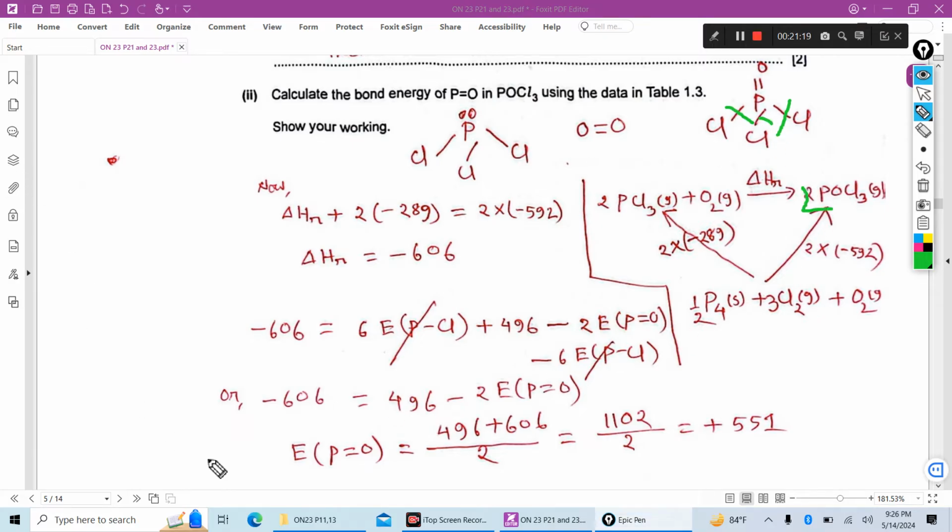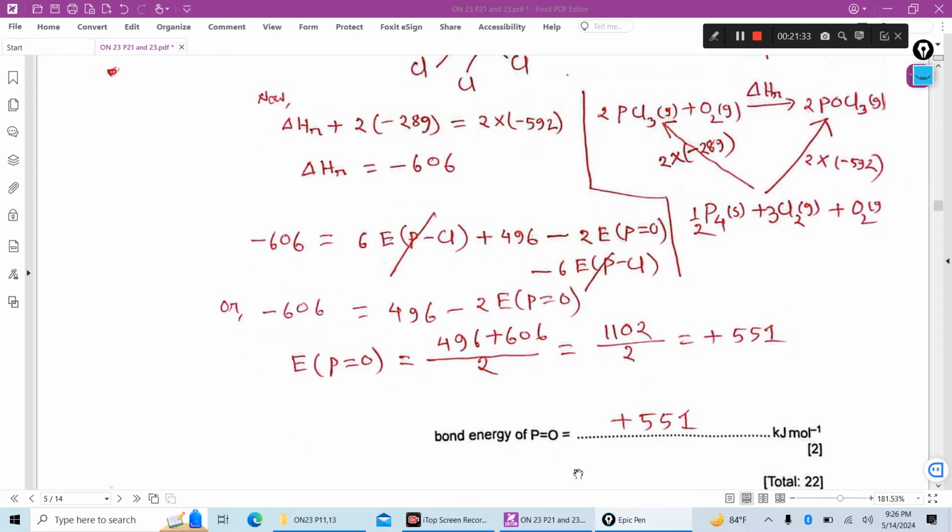If you calculate, you get the energy of the phosphorus-oxygen double bond as plus 551 kilojoule per mole.